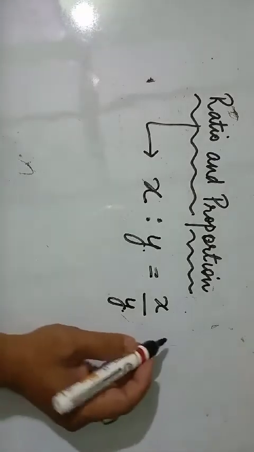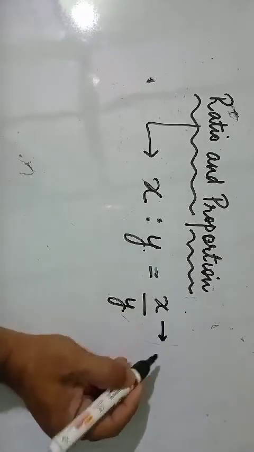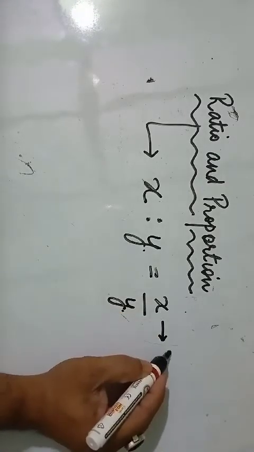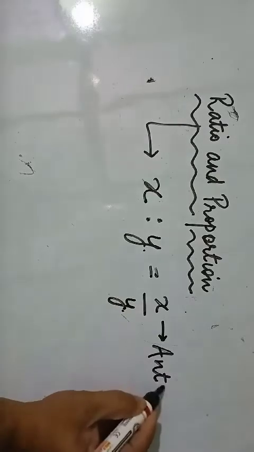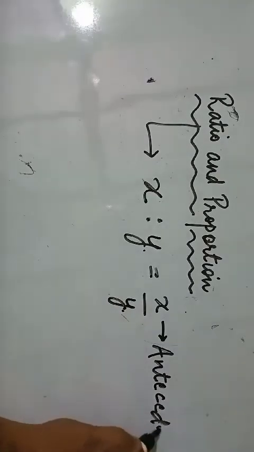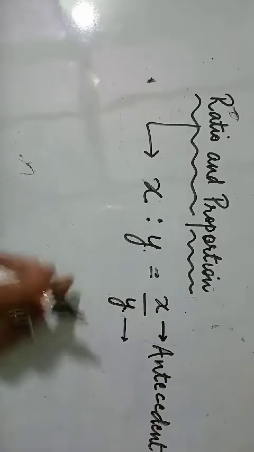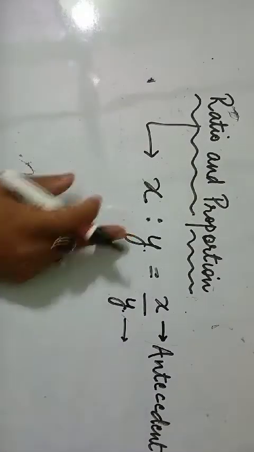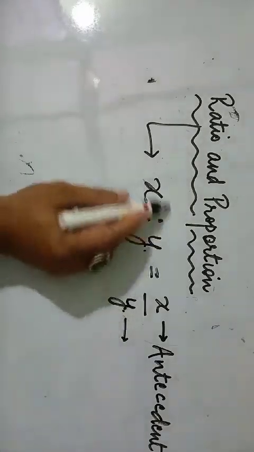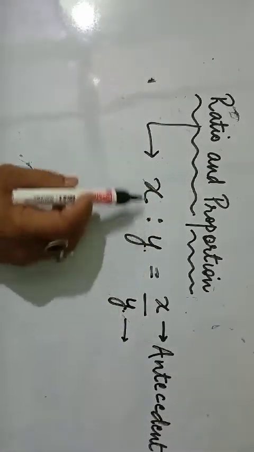And you must also remember that this portion in the numerator is known as antecedent, and the number in the denominator, the second number, is known as consequent. It's essentially one ratio but you have two numbers in it.